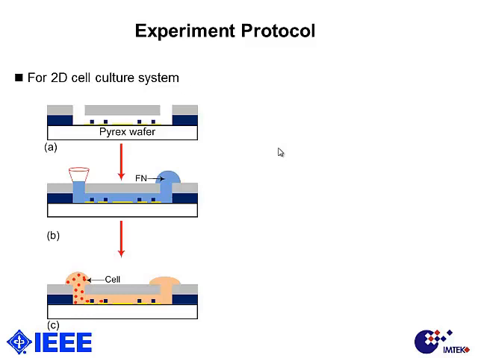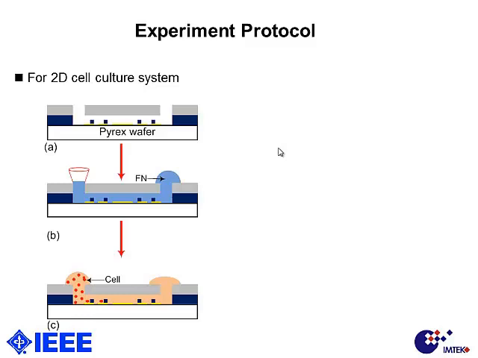After that, we use a pipette only one time to inject the fibronectin inside. For example, in this step, before we cover the PDMS, the chip is immersed in a self-assembled monolayer, on the gold surface, to bind better with the fibronectin.